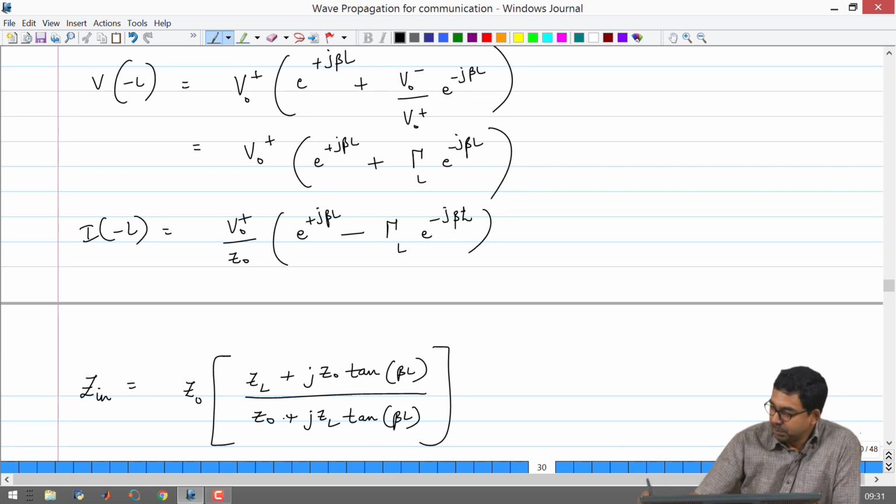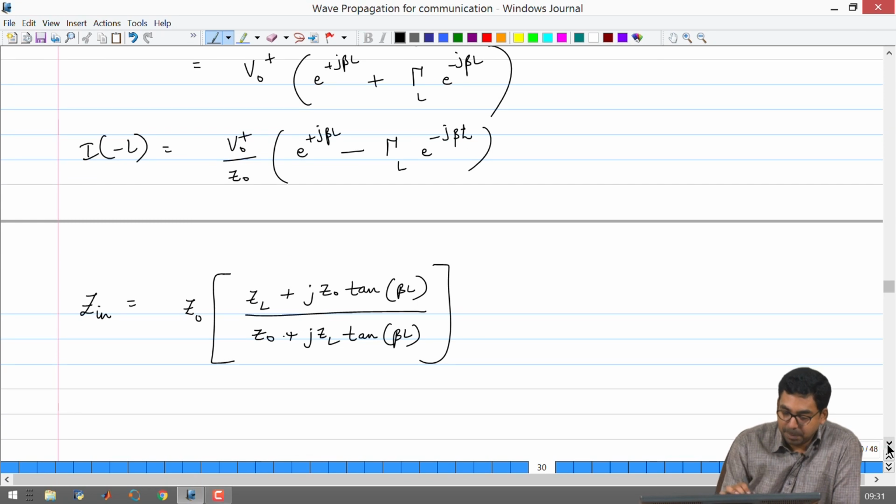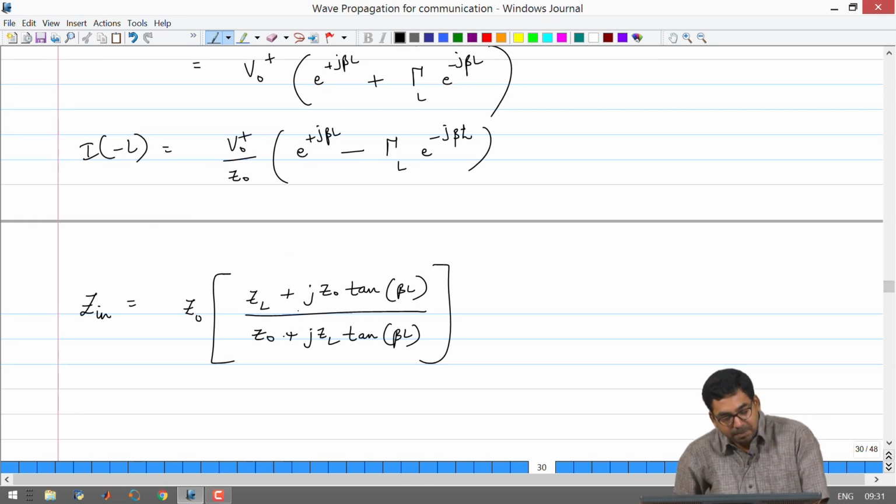So, the rearrangement looks like Z naught multiplied by ZL plus jZ naught tan beta L divided by Z naught plus jZL tan beta L.